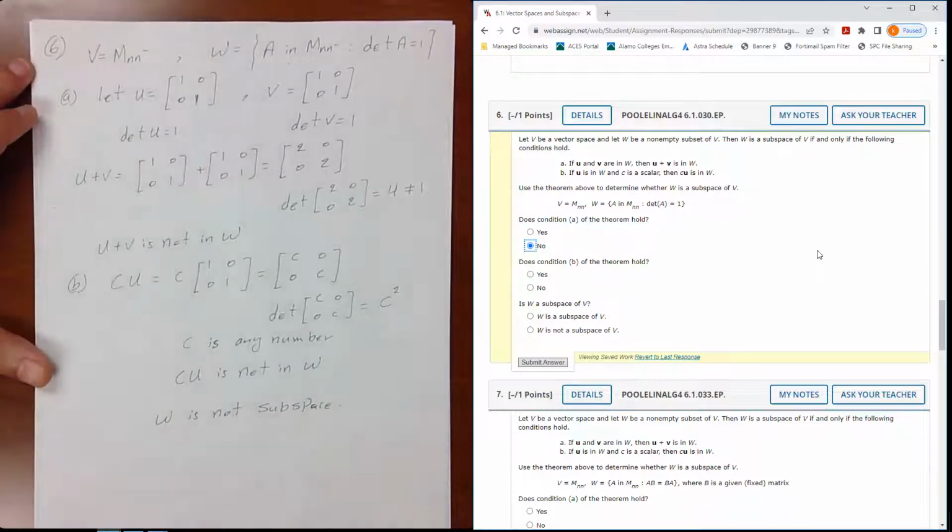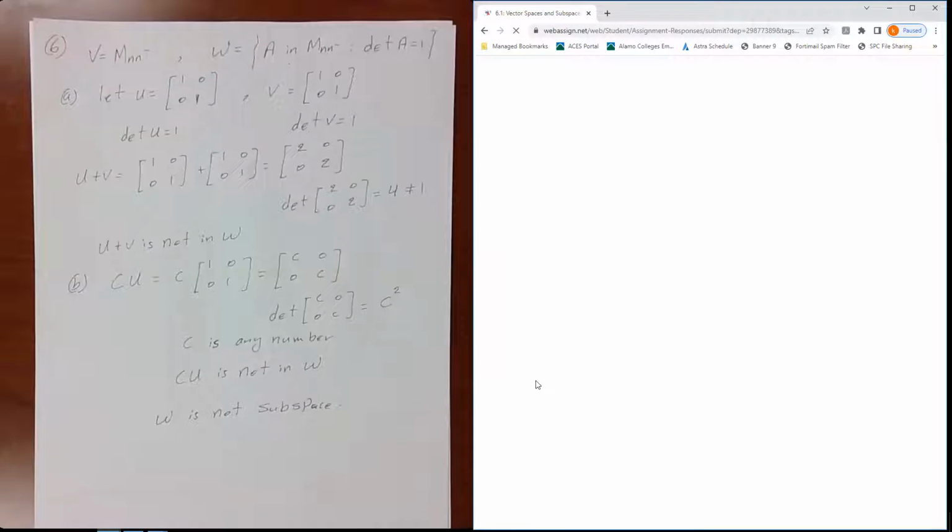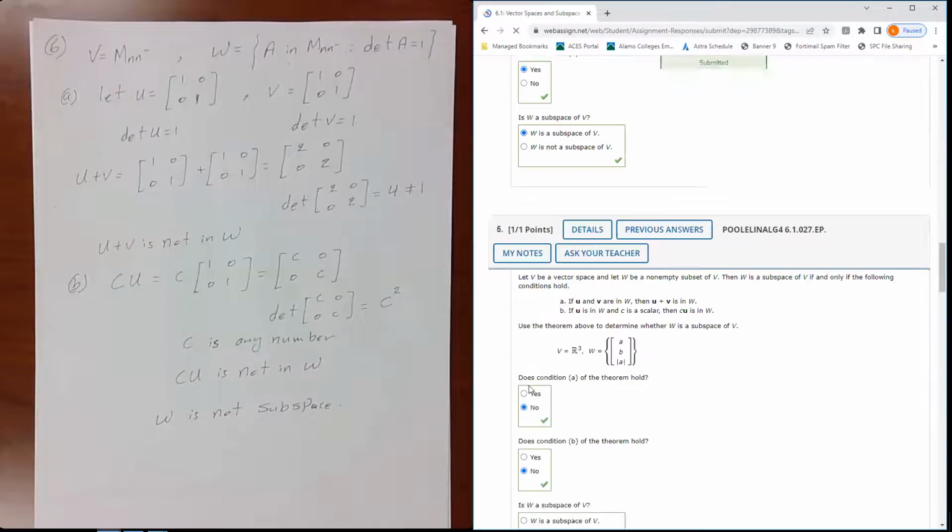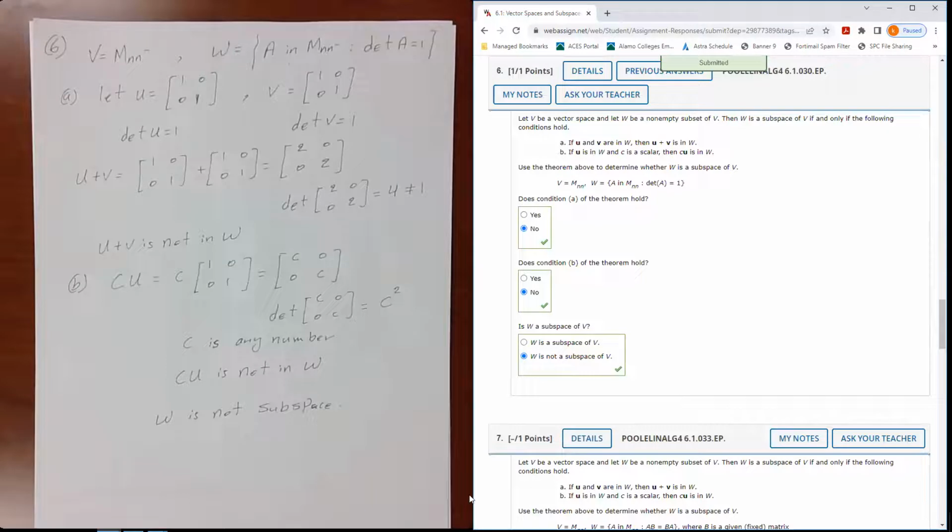That's it for this example. So we're going to choose no here, and it's not a subspace. That's it for this example.